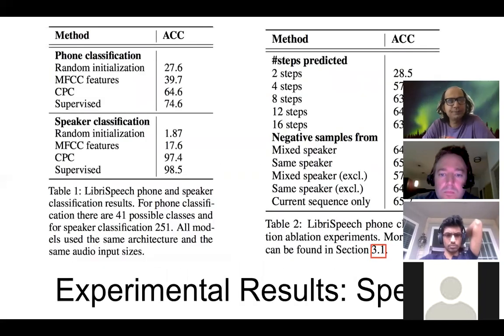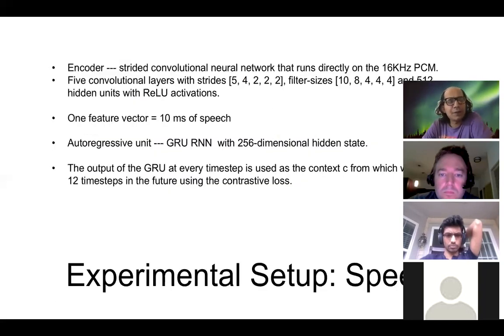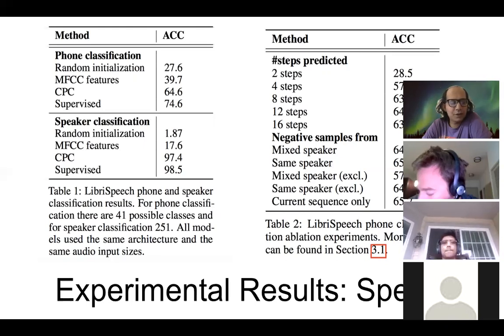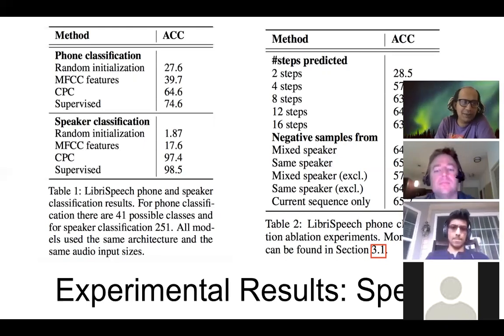Okay, so after getting their model converged, they have used their CPC representations for phone classification and also for speaker classification. And they have tried to compare their CPC representation with 3 baselines.